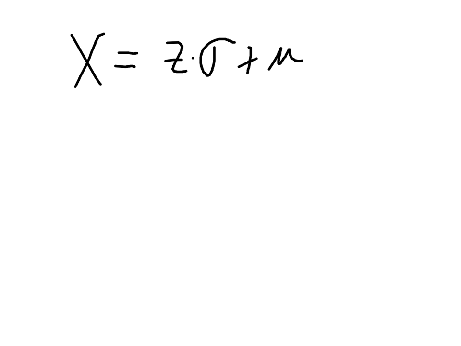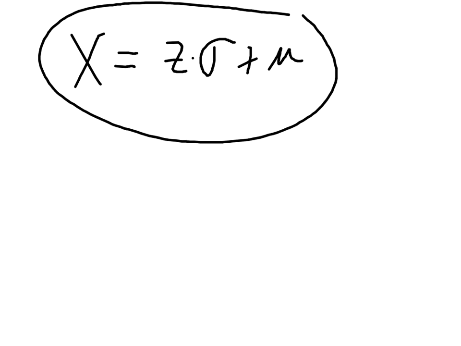Then we find the z-value, which corresponds to that desired area, and then we apply this formula here. Because we will have a z-value, we will have a standard deviation, and we will have a mean. What we don't have is our variable, x.